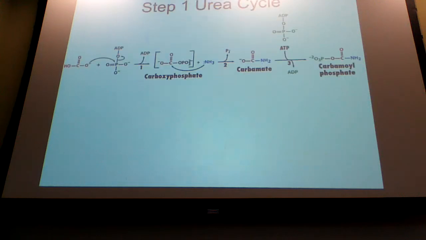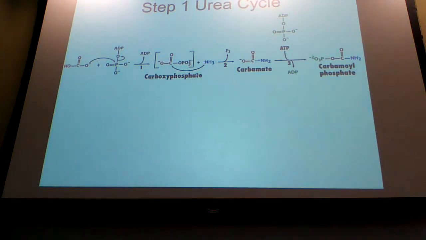Okay, so we're going to look at the mechanism. We activate basically the carbonyl so that we can link it together with the ammonia. And so to do that, we use ATP to activate it. And so we get a little methyl substitution there. And then this is the activated form of the bicarbonate.